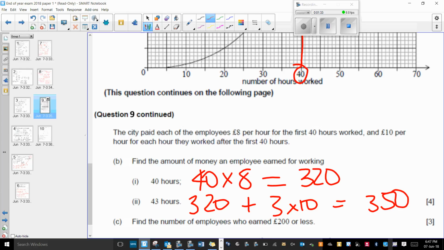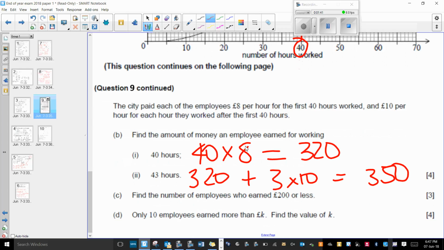Find the number of employees who earned £200 or less. Alright, so £200 or less. So if it's £200, there's got to be working less than 40 hours, because we know that 40 hours is 320. So we're going to do 200 divided by 8.